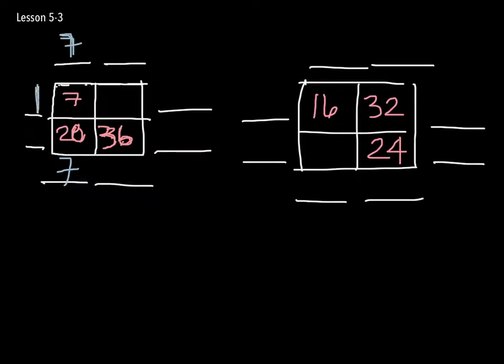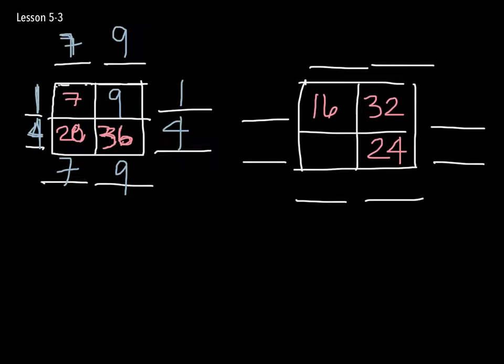Well, that would be 1. What times 7 will give us 28? That would be a 4. So now we know that this is 4. 4 times what gives us 36, because they're going to meet right here, and that would be 9. And then 9 times 1, this is going to be 9 up here, and these are just going to match up on this side.